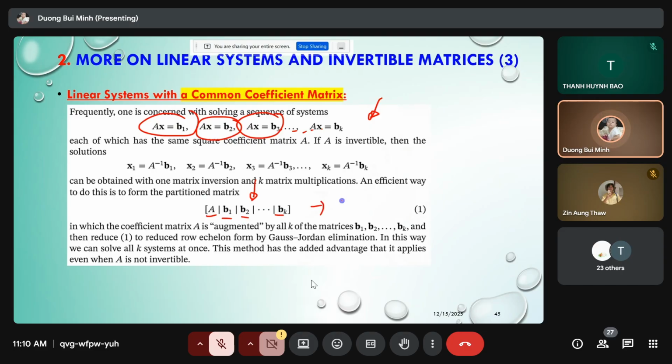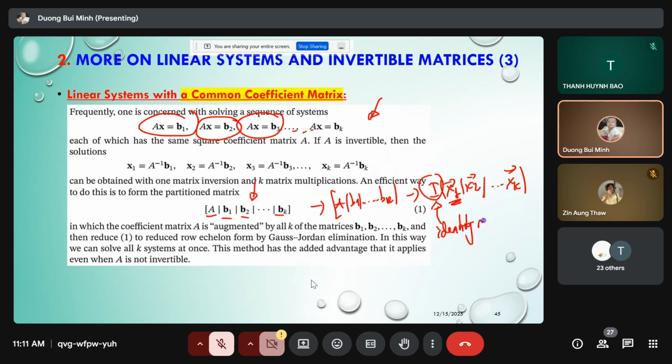And then if we modify A to become I, here you can get the solutions X1, X2, up to XK. I mean solutions, not variables. And of course, here must be the identity matrix.